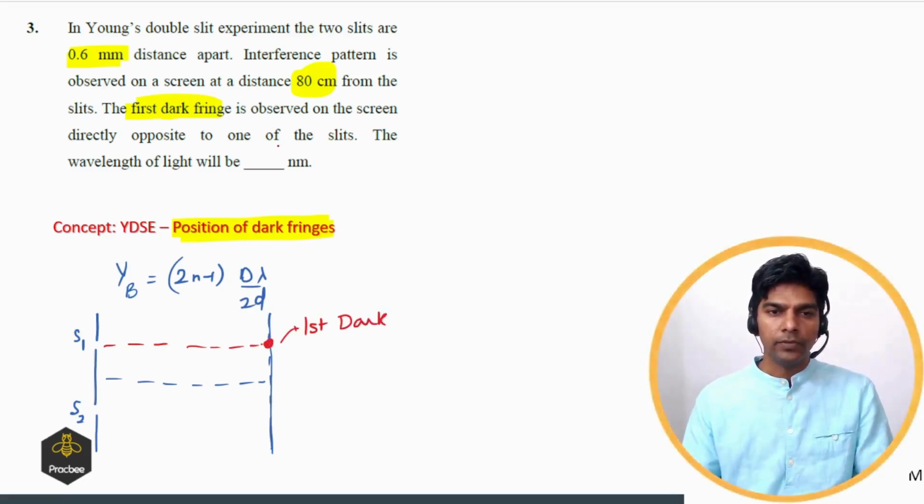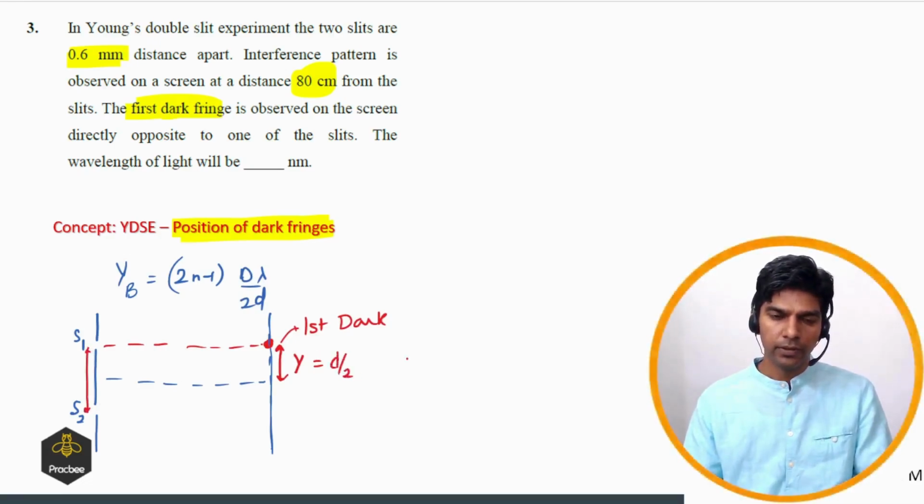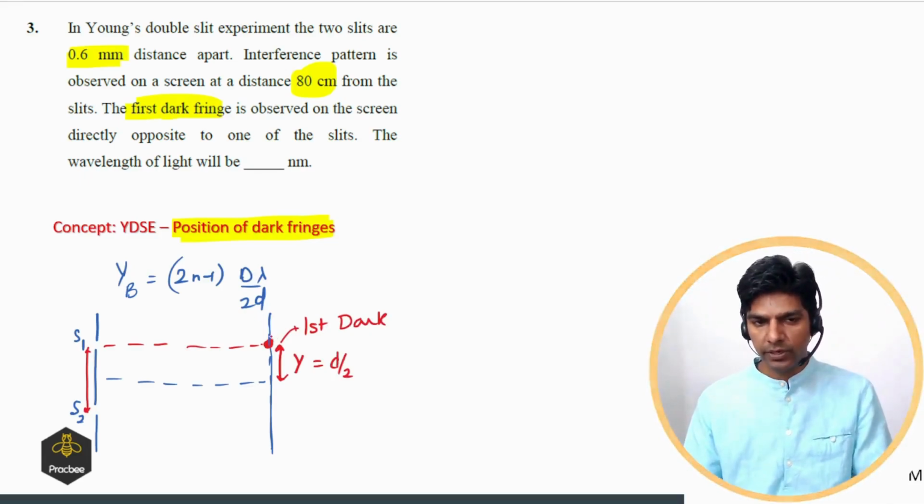Now, this is y, which is nothing but half of the distance between the slits. So this will be d by 2. So we know the position of the first dark, sorry, not bright. So position of the first dark will be d by 2.